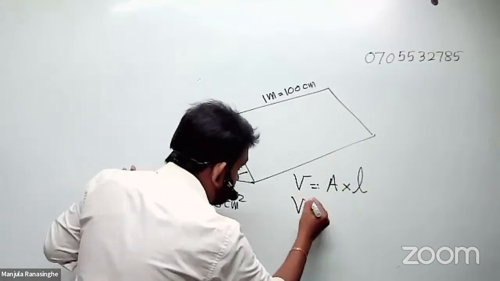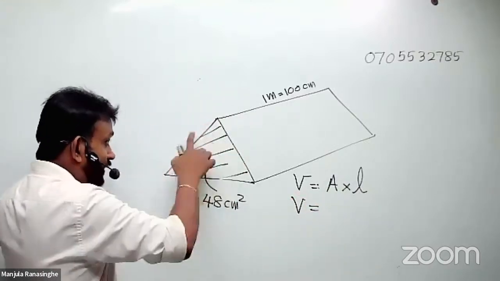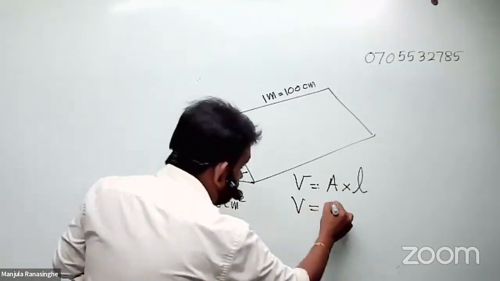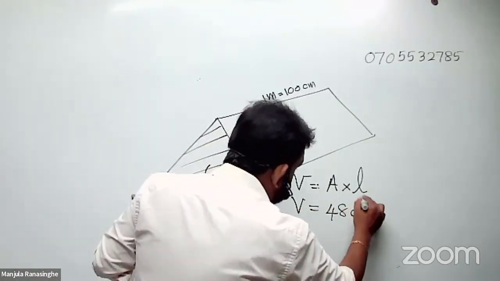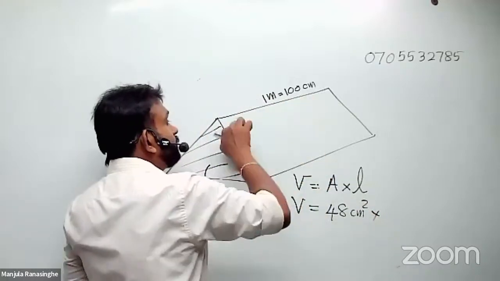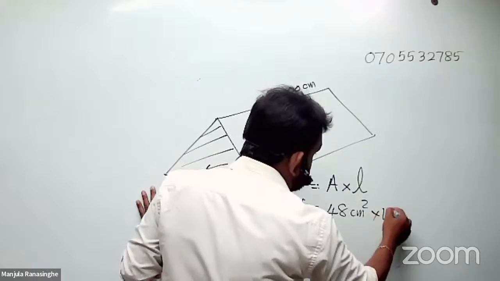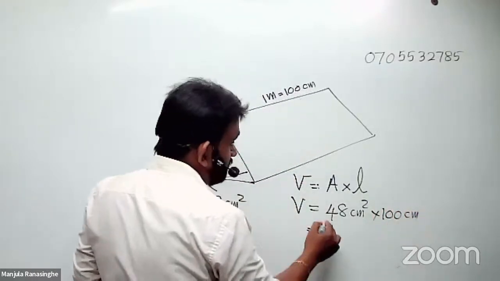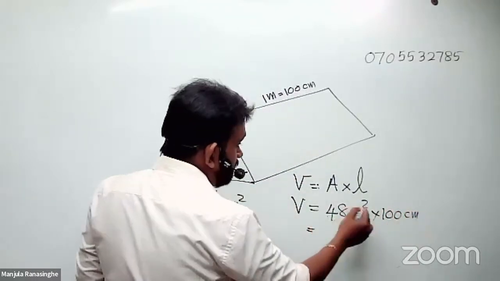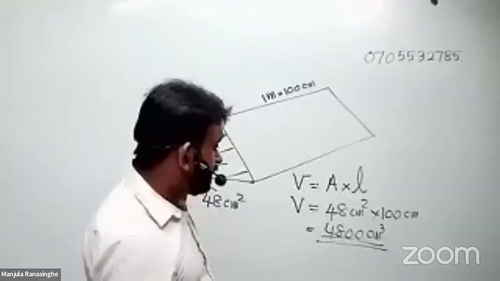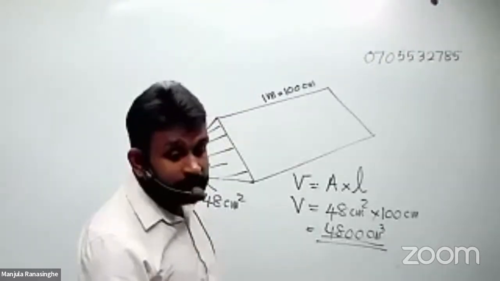So the cross-sectional area is the triangle, which is uniform, and that gives you 48 square centimeters. That is multiplied by the length of the prism. Length is 1 meter, which means 100 centimeters. Right. Now you can see the multiplication: 4800 cubic centimeters. So the answer is 4800 cubic centimeters.